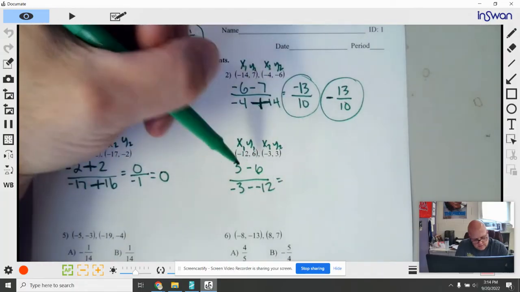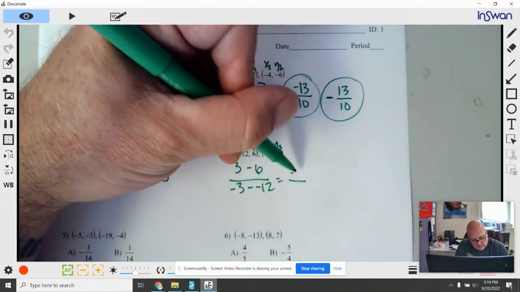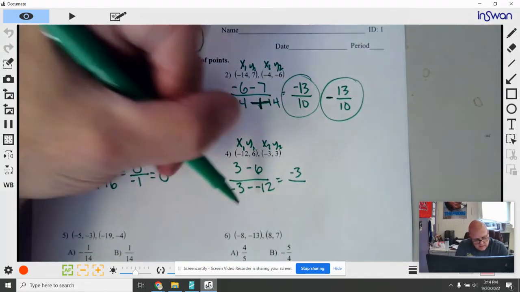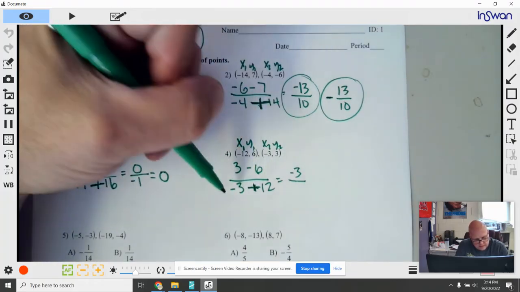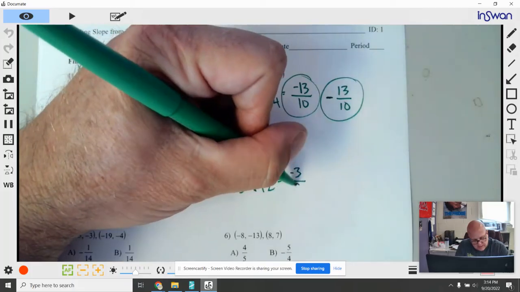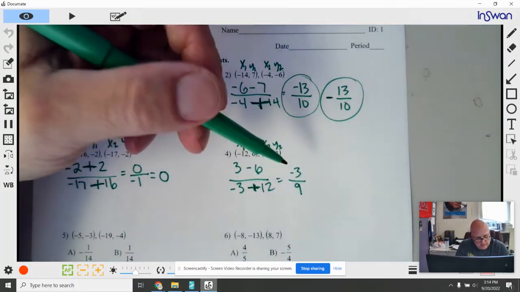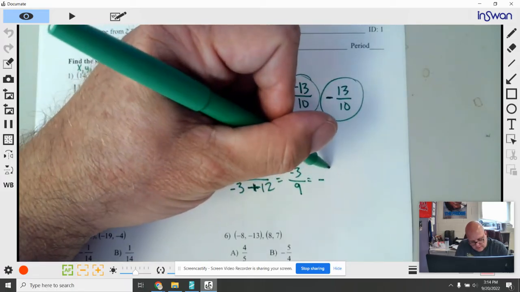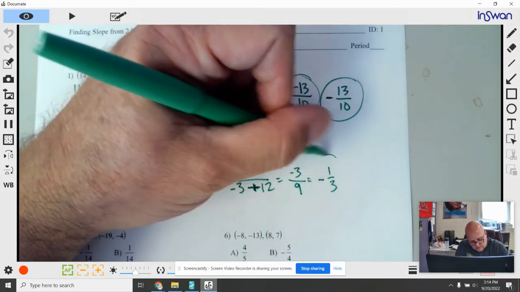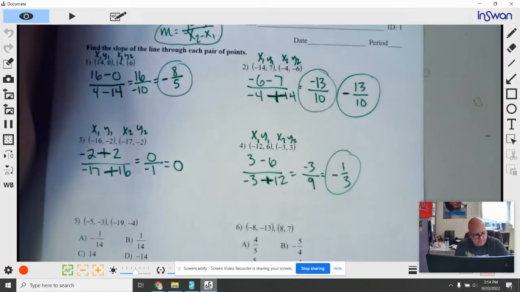Okay, 3 take away 6 gives you negative 3. And then down at the bottom here, we've got the double negative, make that a plus sign. Negative 3 plus 12 is 9. Check it out. That is going to reduce. So I'm going to say my final answer is negative 1/3 for my slope.